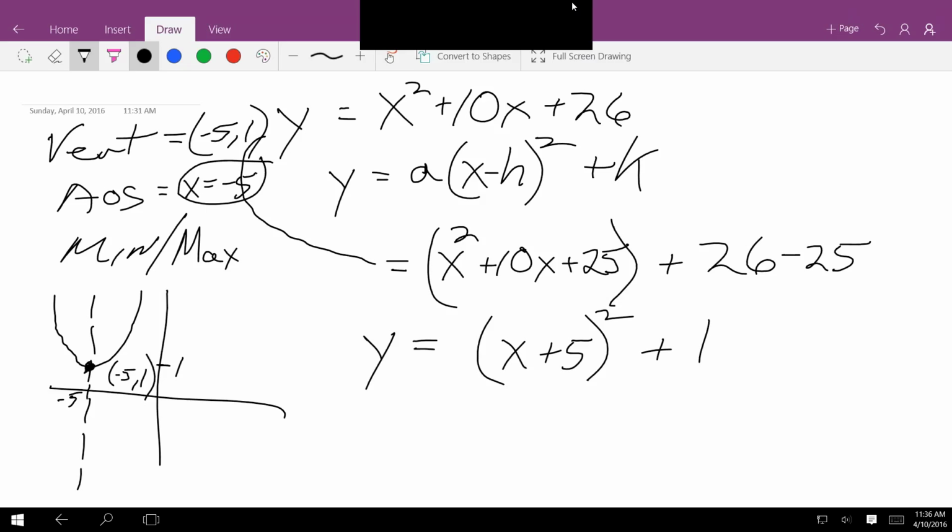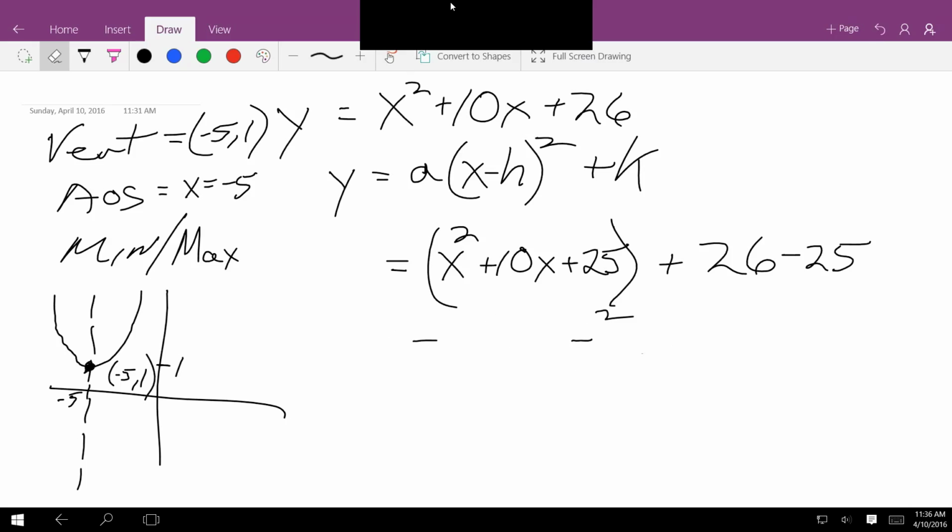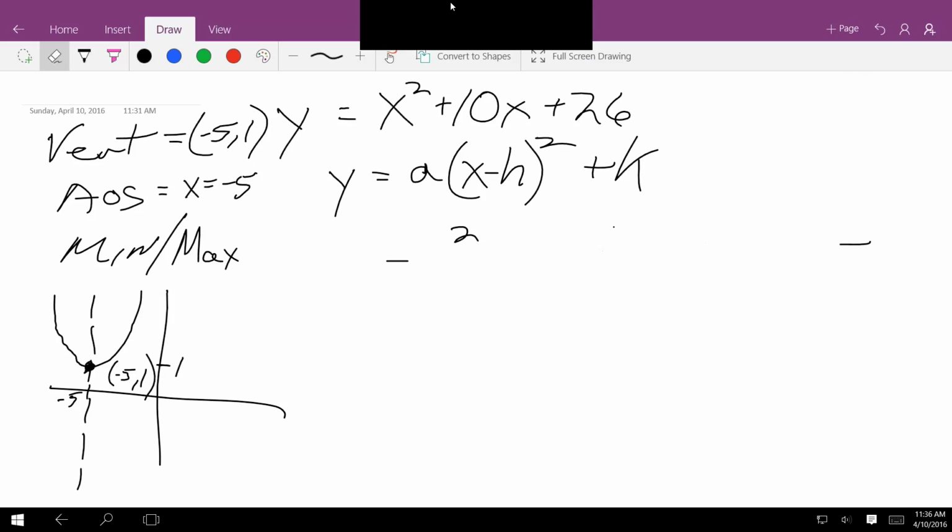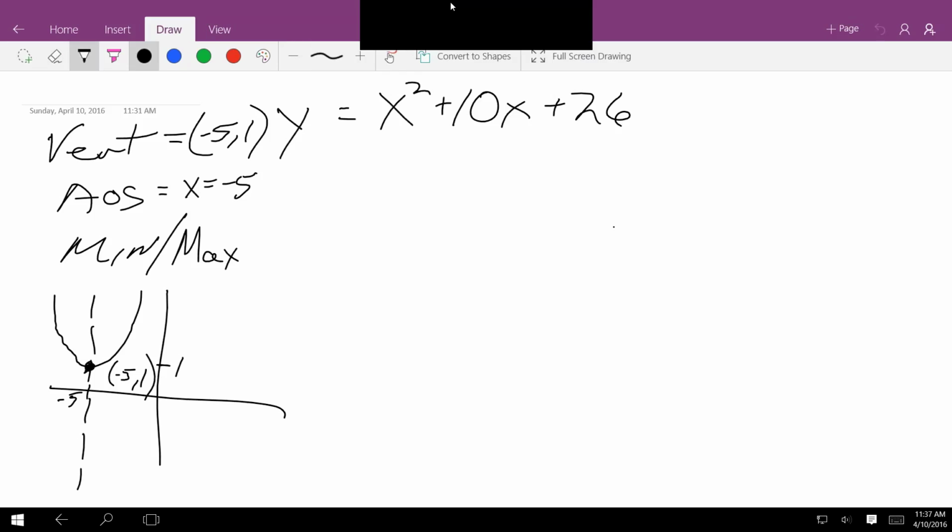Now, that was relatively easy. All we had to do was complete the square to come up with all three of your answers. Let's make sure we go through it the other way also, because depending on how hard it might be to complete the square, it might be easier to get our answer using the vertex formula.